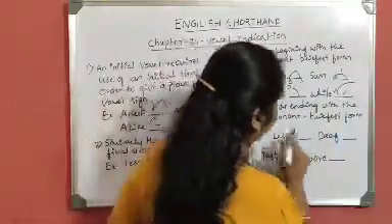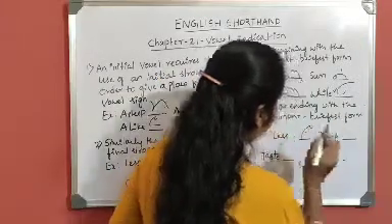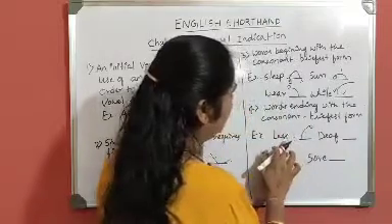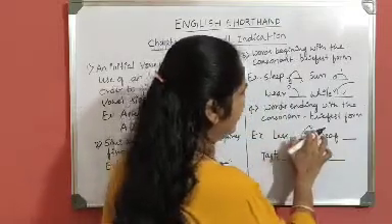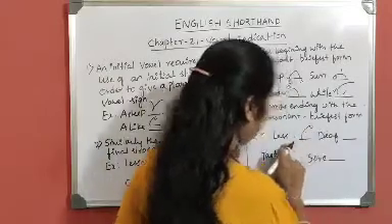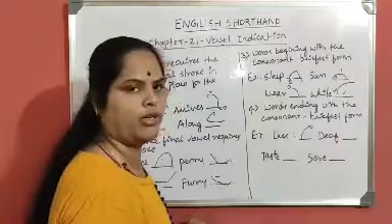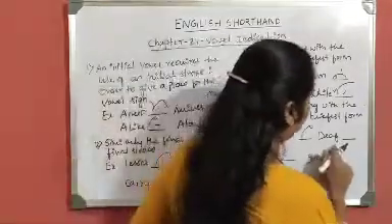Here, example, less: L, circle S. See, after L there is an S, so I wrote a circle S. I am not writing the full form of the strokes because here the strokes are followed by the oval, not preceded by the oval.